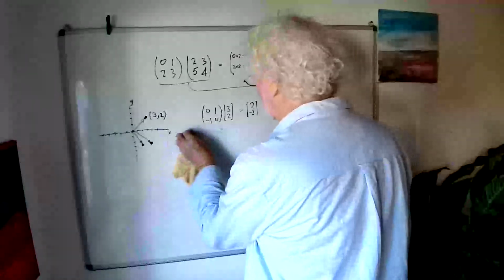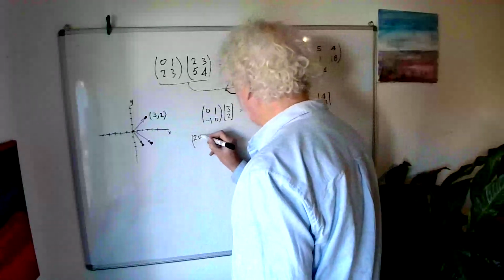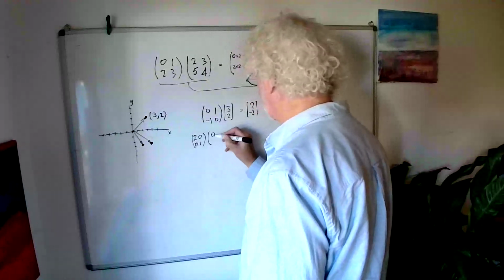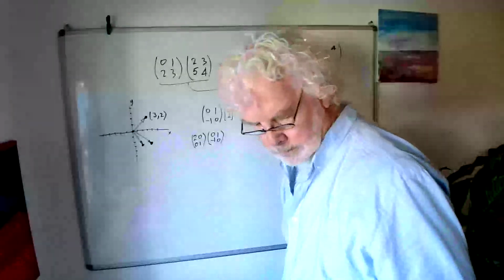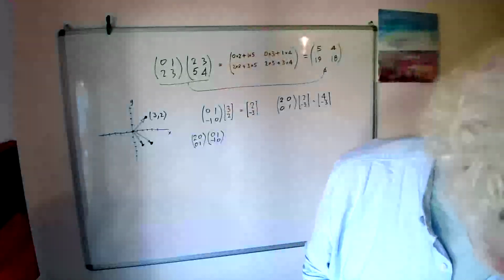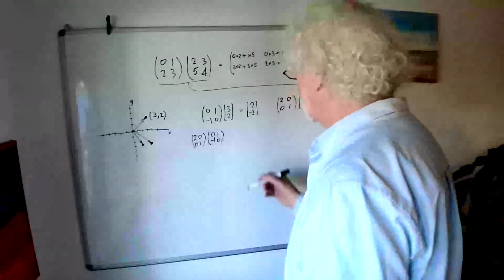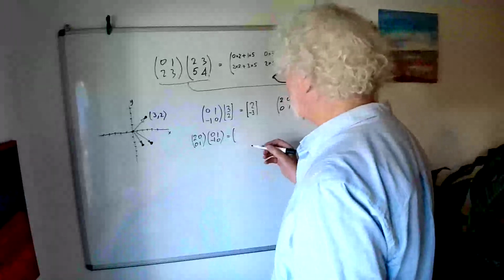The second one comes first. Pretty sure of that. The second one comes first. And these two matrices multiplied, we get this.